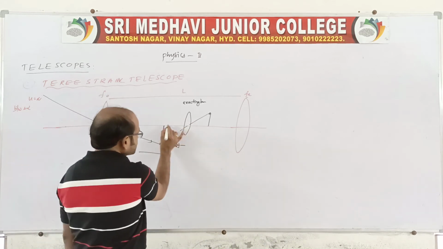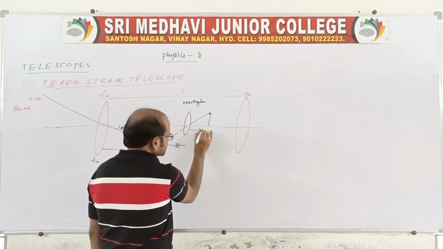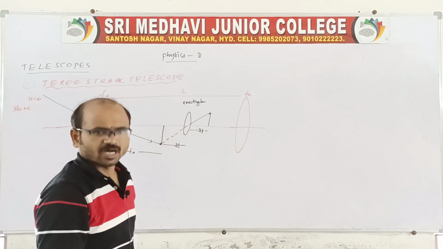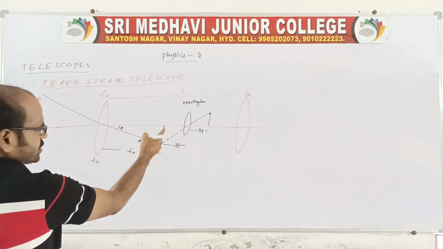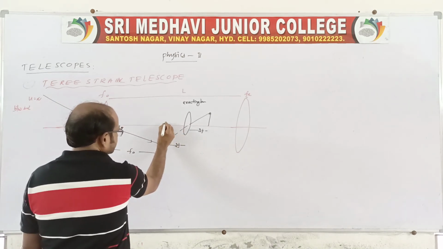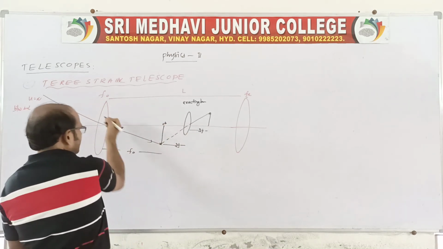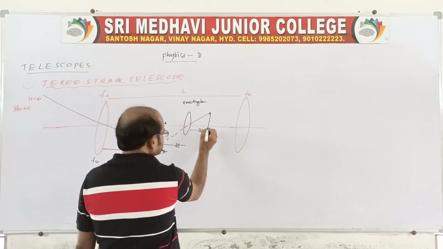Therefore it is at a position of 2f for this lens, and the image will be formed at the same distance. So we can say 2f and 2f, the distances. It is an object for this lens, and the image is formed by this lens.